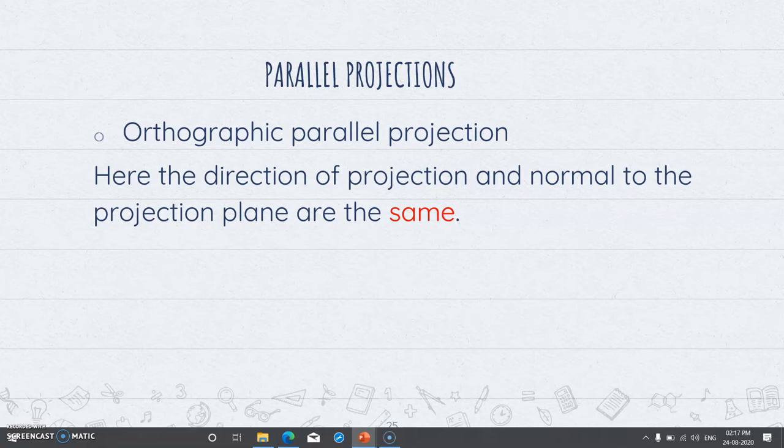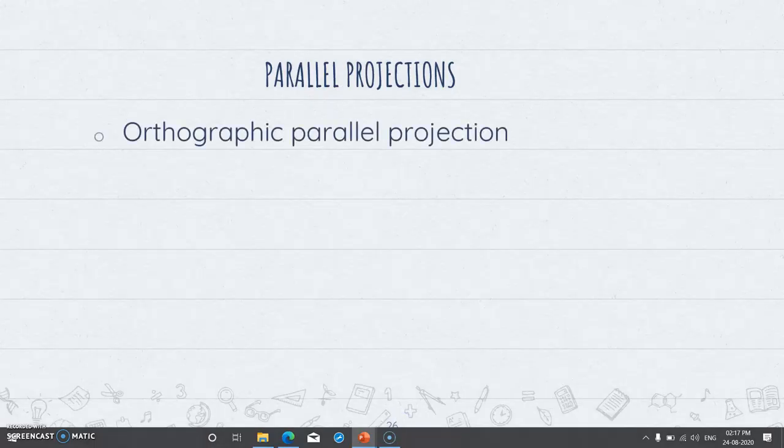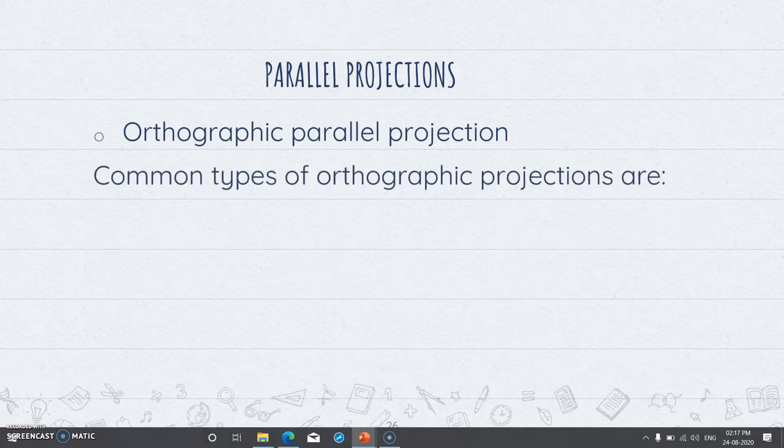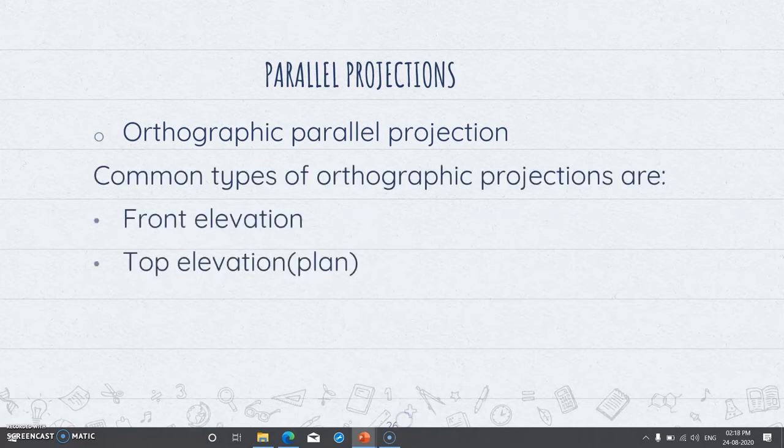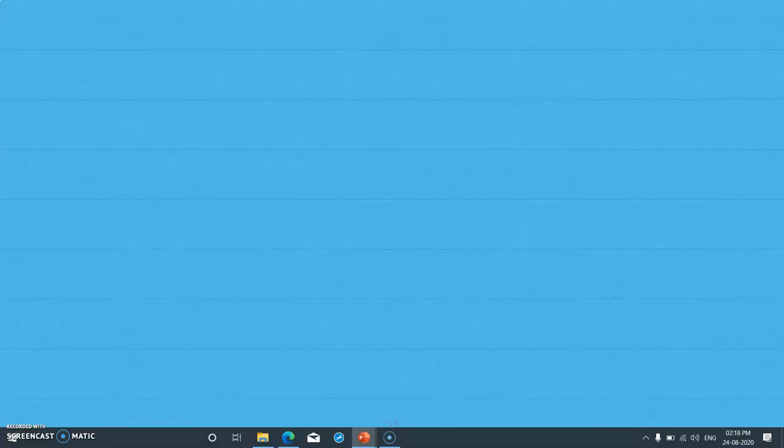Common types of orthographic projections are, as we already said, front elevation, top elevation or plan, and side elevation. From the name itself it is clear that they are used in engineering drawings. And here the projection plane is perpendicular to the principal axis.